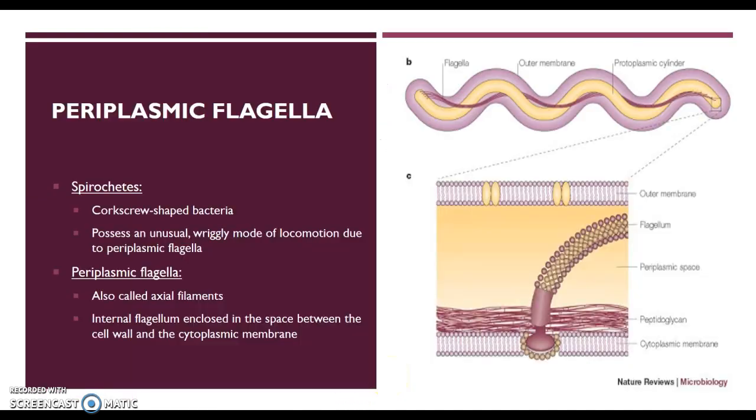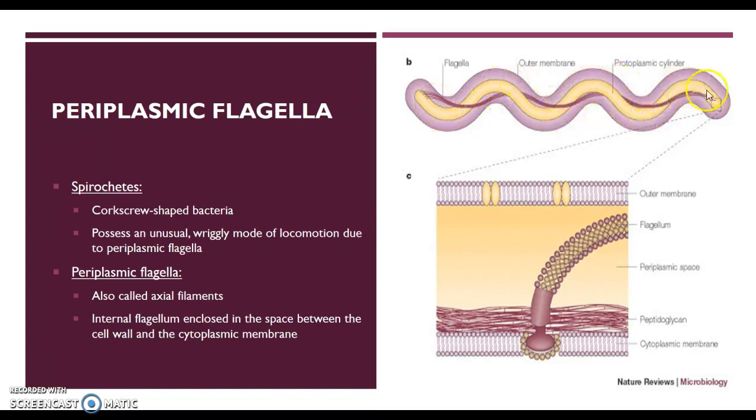Okay. So another type of flagella is the periplasmic flagella, and these are only found within the spirochetes, and they have a very unique structure. So the spirochetes are the corkscrew-shaped bacteria.